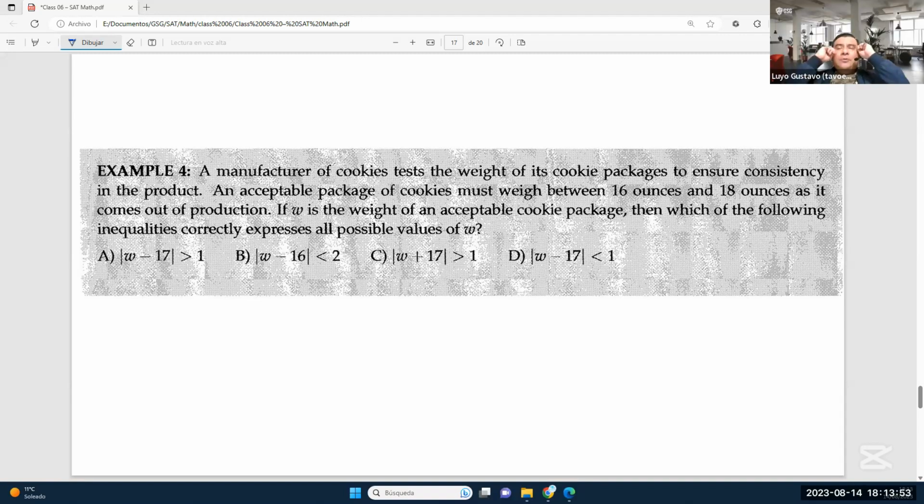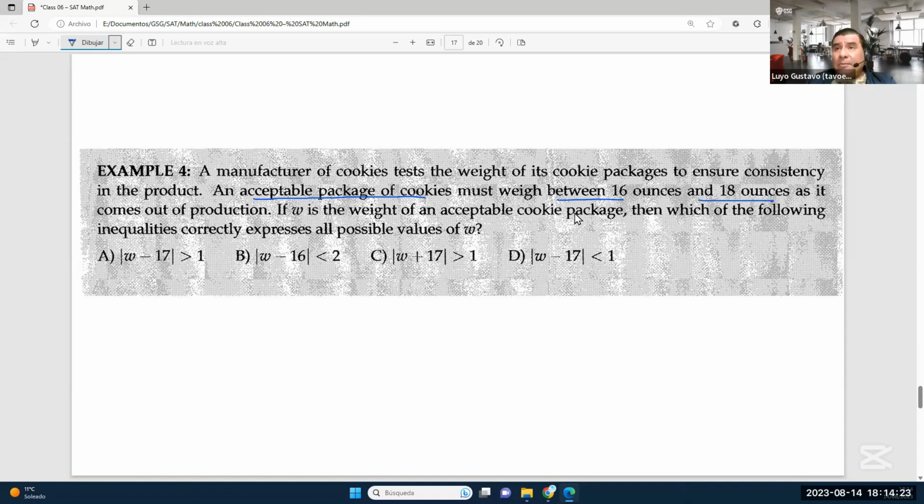All right, how do we approach this one? When you read this word problem, you can really understand that the possible values for the weight of the cookie package can be expressed with a double inequality, right? It says that the acceptable weight for the cookies package is between 16 and 18 ounces.